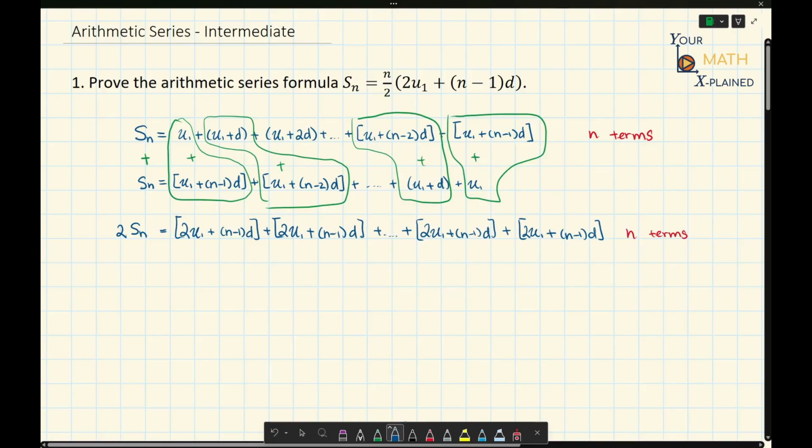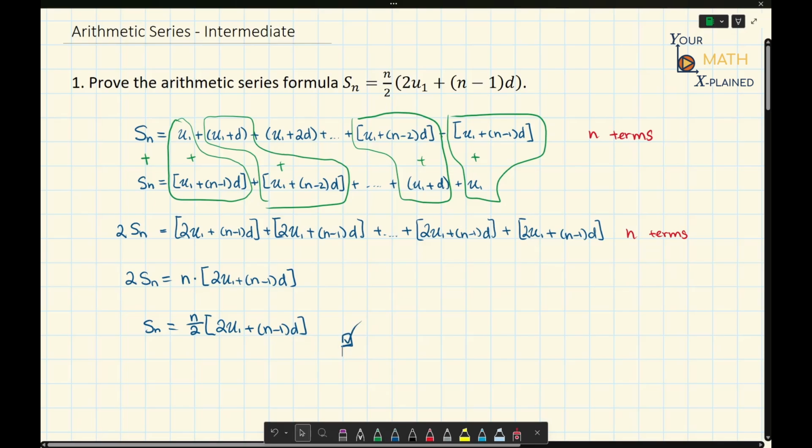So this means we can rewrite this as n times 2 times u sub 1 plus n minus 1 times d, and this is equal to 2 times S sub n. So now all we need to do is divide both sides by 2 and we can solve for S sub n, which is how we arrive at the formula S sub n is equal to n divided by 2 times 2 times u sub 1 plus n minus 1 times d.